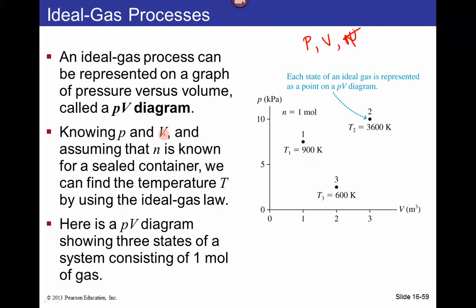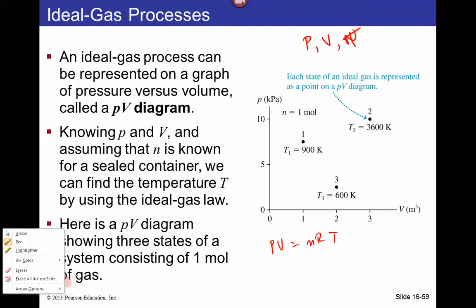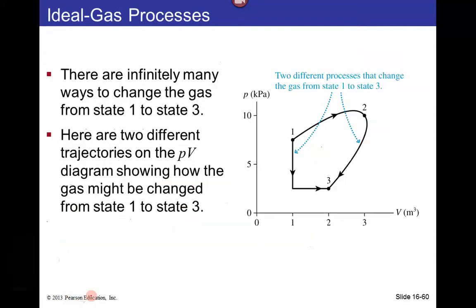So knowing P and V allows you to find T, because remember PV is equal to nRT, and n is fixed, and we're going to assume that we know n in most cases. So this is the PV diagram, and one feature of these processes is that there are many ways to go from one point to the other.